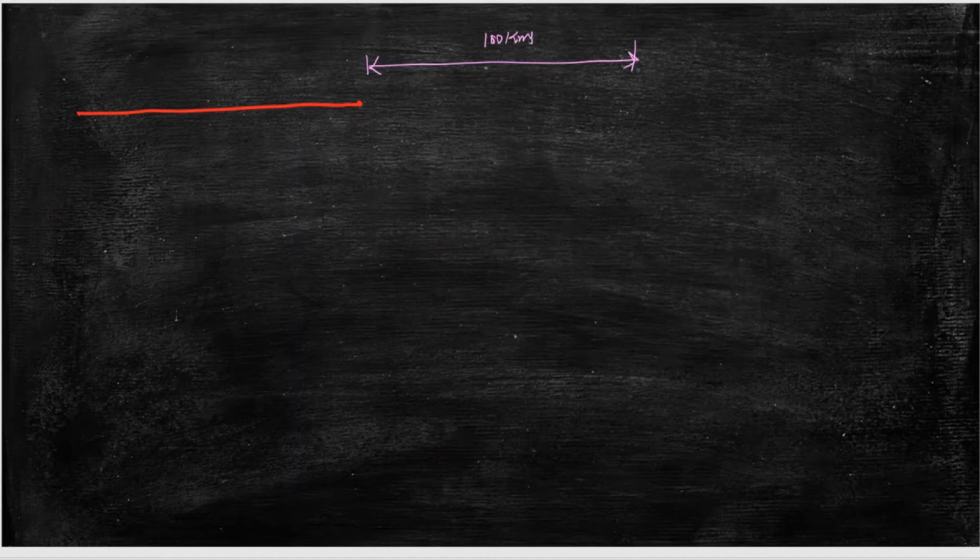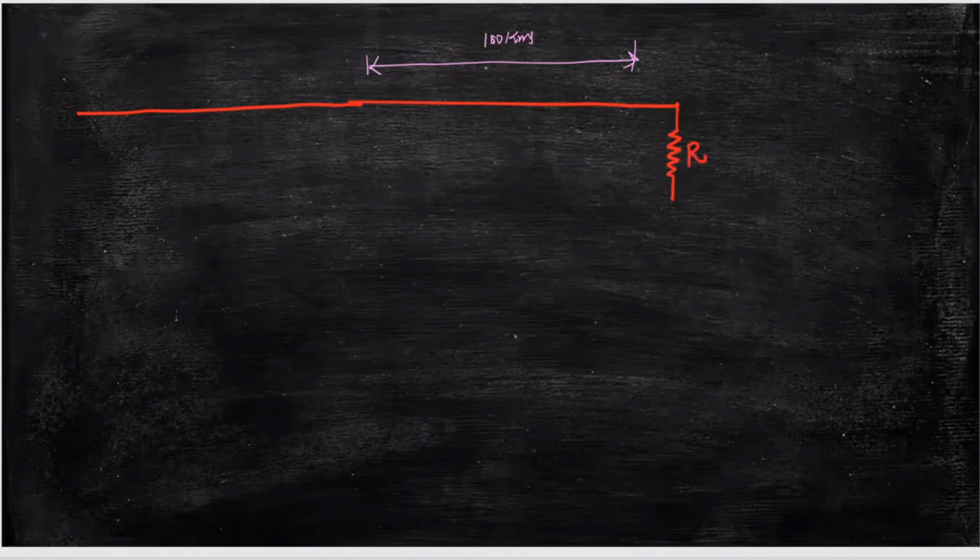That means this R phase is going 100 kilometers, and here it is going into this load. Your R load is there. So this is the transmission line, suppose. It is traveling 100 kilometers and giving the power to this R.